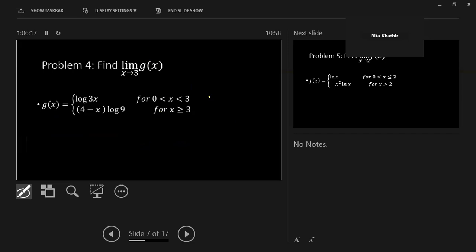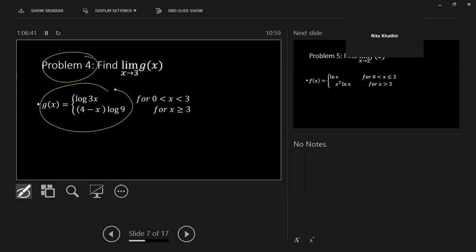The same here, problem 4 with the third model. I give you: find the limit as x approaches 3 of g of x. And you see, we can make these types of expressions.